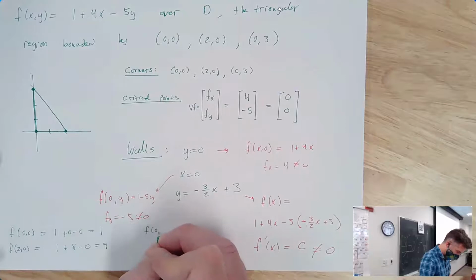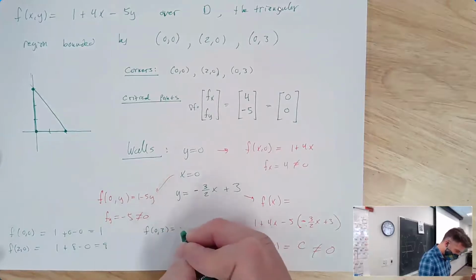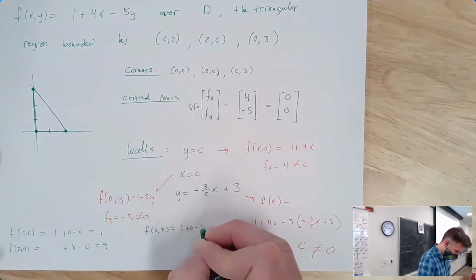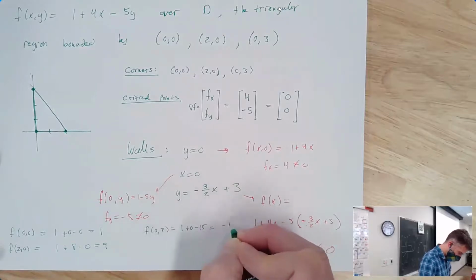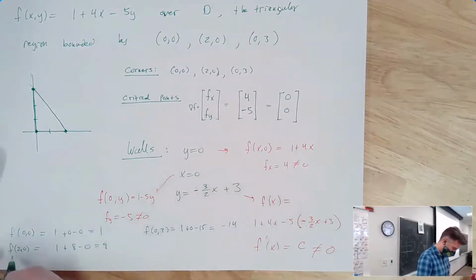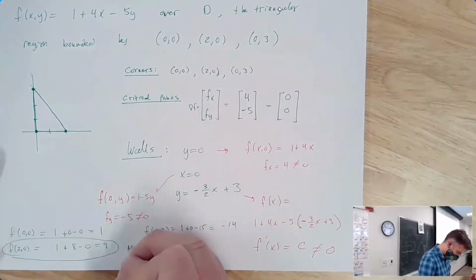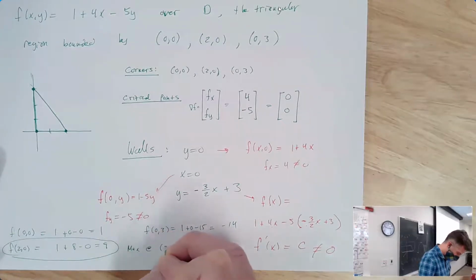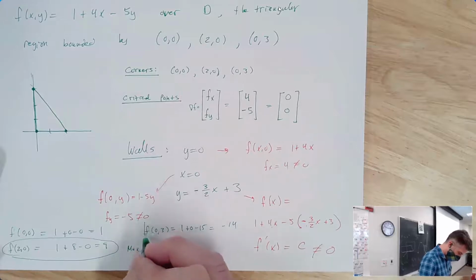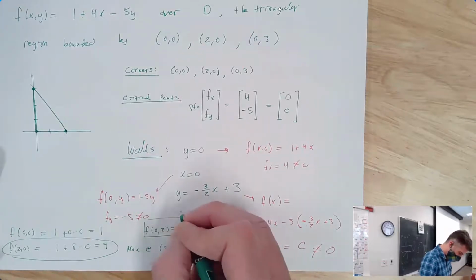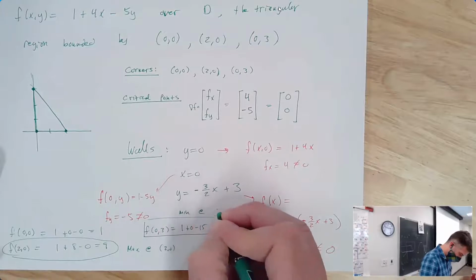And f of 0, 3 is going to be 1 plus 0 minus 15, which is negative 14. So it looks like there's our absolute maximum. Max at 2, 0. And there's our minimum. Minimum at 0, 3.